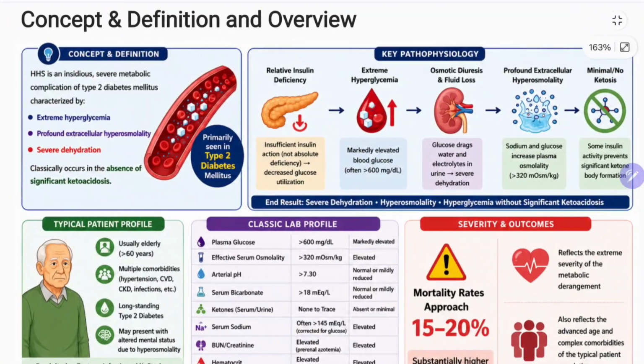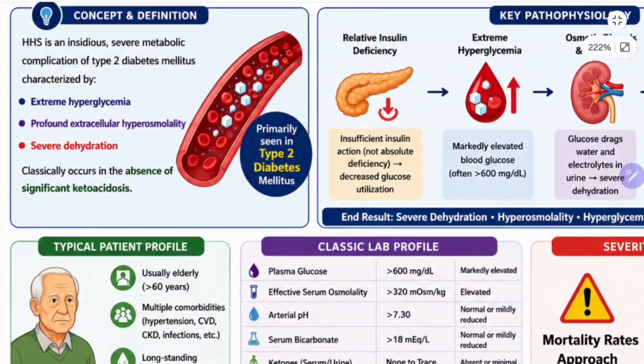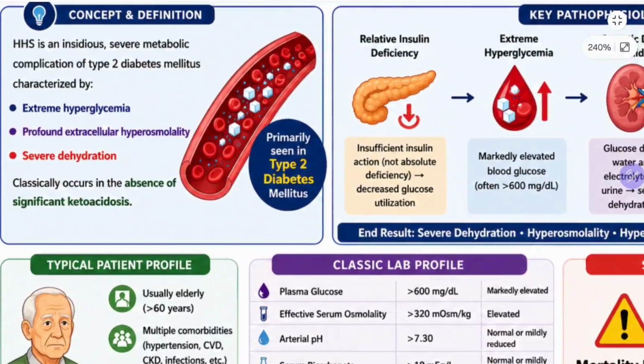Okay, so first concept, definition and overview. HHS is an insidious, severe metabolic complication of type 2 diabetes mellitus. Remember, diabetic ketoacidosis is an acute complication, whereas HHS is an insidious complication of type 2 diabetes mellitus in particular.